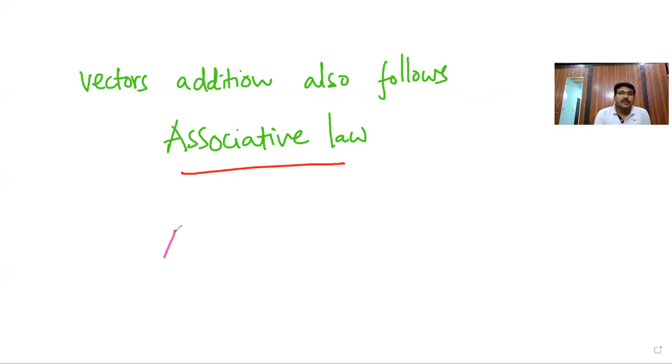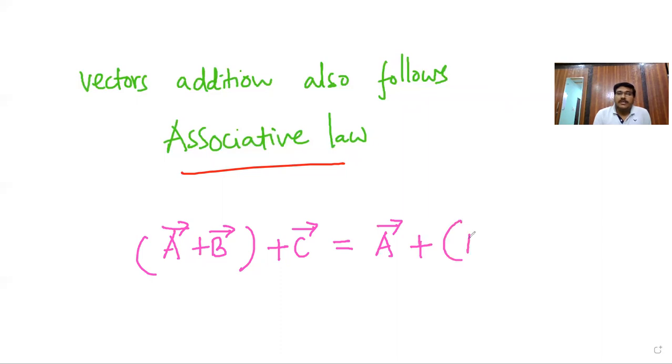Associative law is nothing but, suppose A bar plus B bar both are added to this resultant vector. If C bar is added, then it will be equivalent to addition of A bar vector to the summation of B bar plus C bar vector. This is known as associative law.